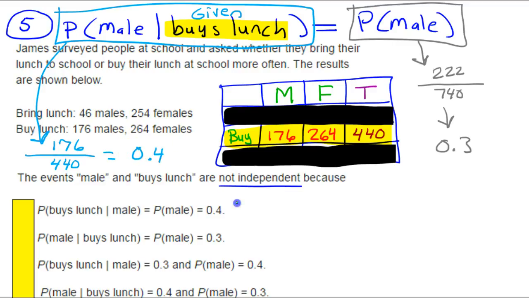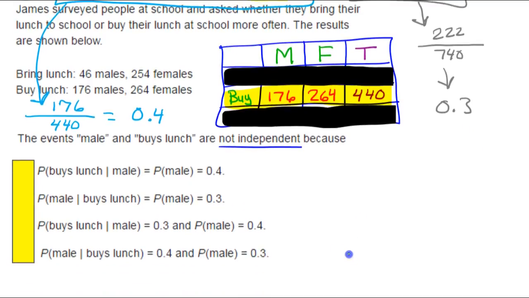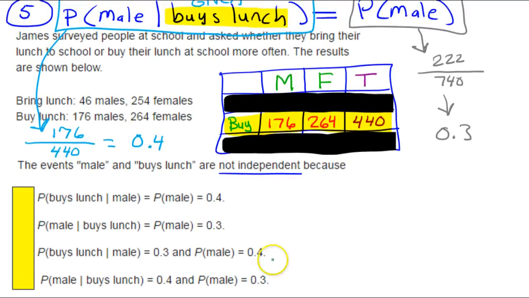Okay, so these events are not independent because these values are different, and now we know what they are. Alright, just scanning down to find the one that matches what we found. It looks like it's going to be the last one.